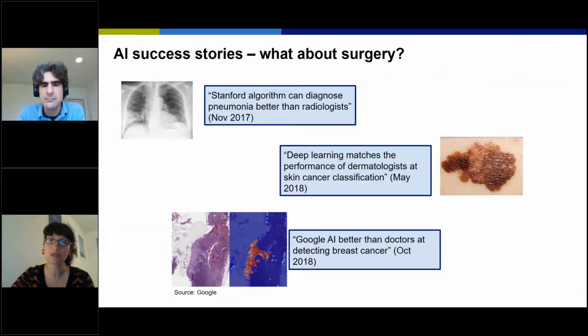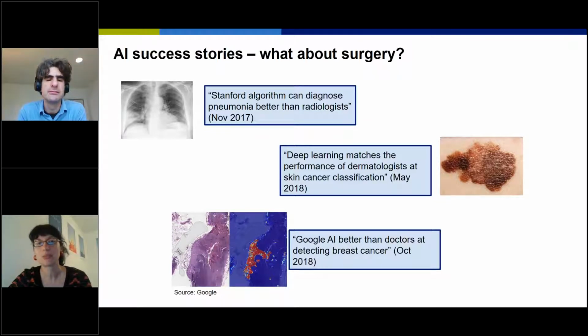I want to start with an overview. We hear a lot about AI success stories in medical image processing, but what about surgery? You can see here some popular examples: many algorithms that were published that can diagnose, for example, pneumonia better than radiologists, or methods for skin cancer classification, or for breast cancer.